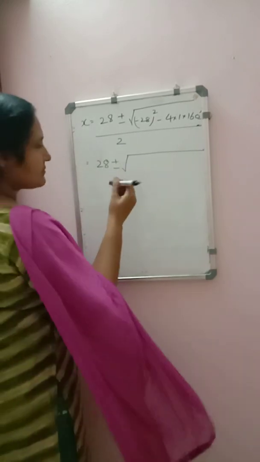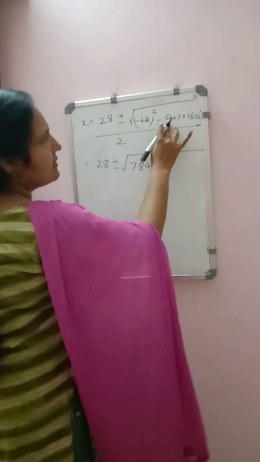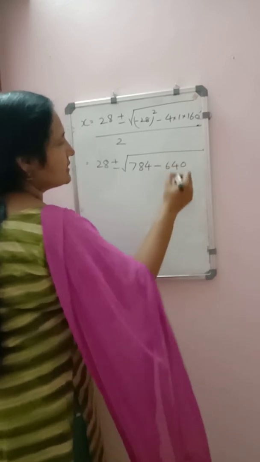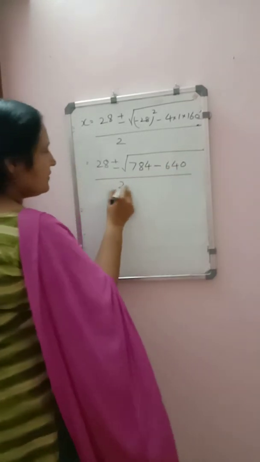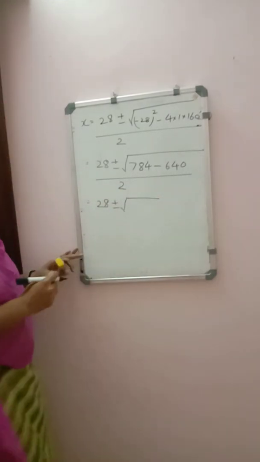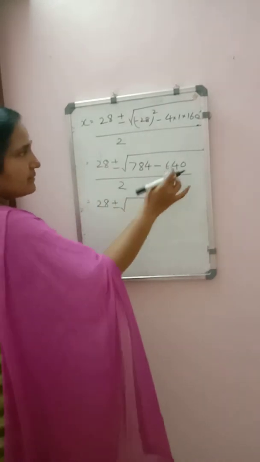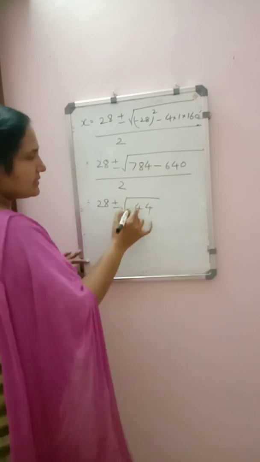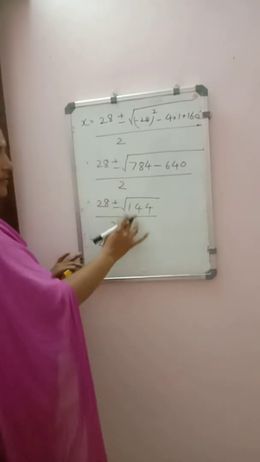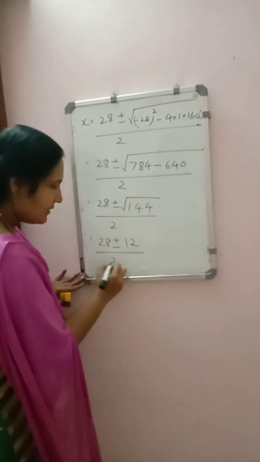It is 784. 784 minus 640, that is 4 fours are 16 and so on, by 2. 28 plus or minus square root of, do the subtraction there, 144. And the square root of 144 is 12, by 2.